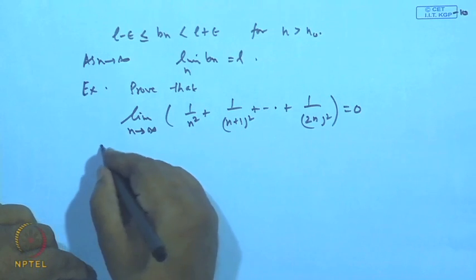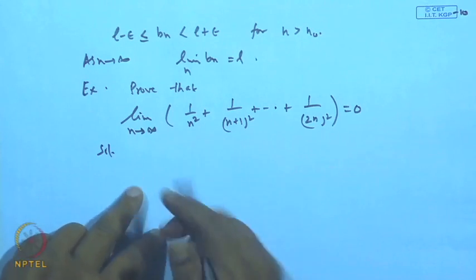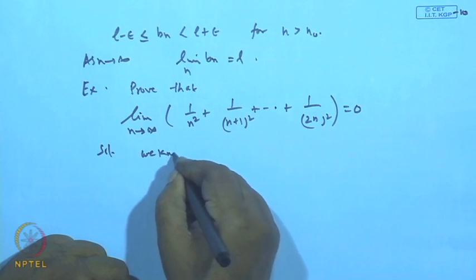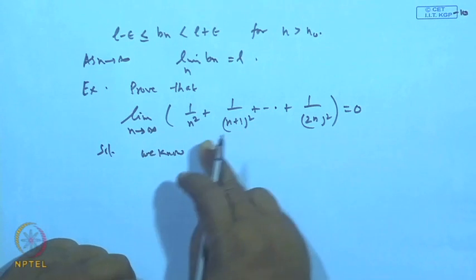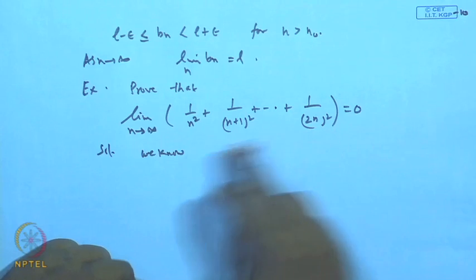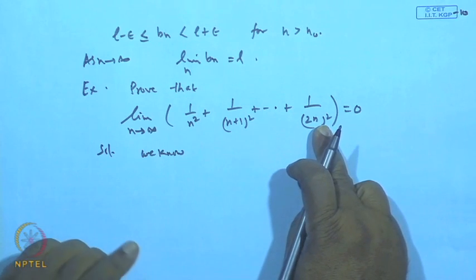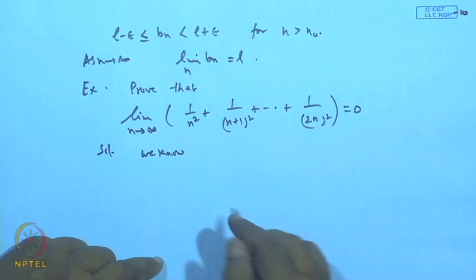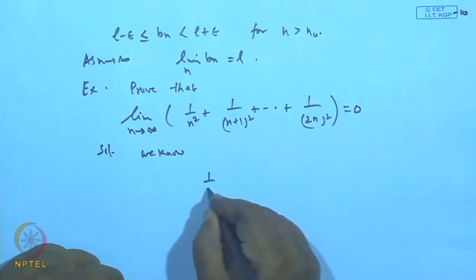So, we know that in 1 by n square, 1 by n plus 1 whole square and so on, the smallest term is 1 by 2 n square and the largest term is 1 by n square.